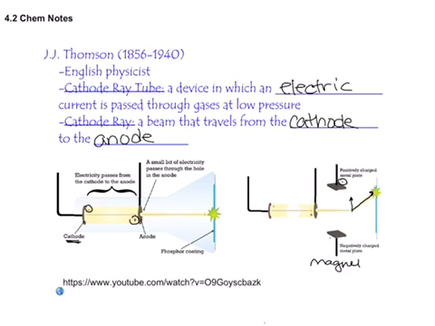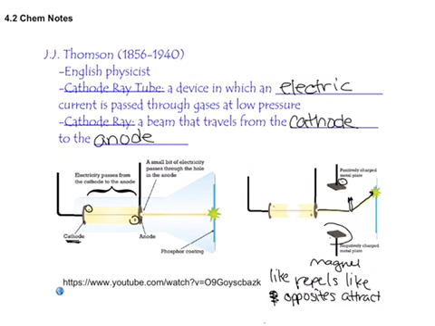And so you have to remember that like repels like, and opposites attract. And so we see that here where this negatively charged beam is being attracted to the positive plate, where then it's being repelled by this negative plate.